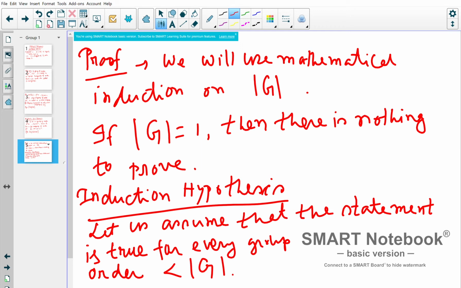What does that mean? That means given a group of order less than the order of G, and some prime power dividing its order, that group contains a P subgroup of that order. So that is the statement for any K. Let me just prove it for K in general.